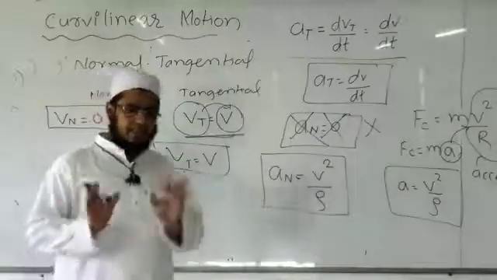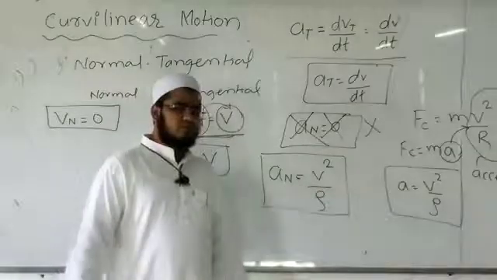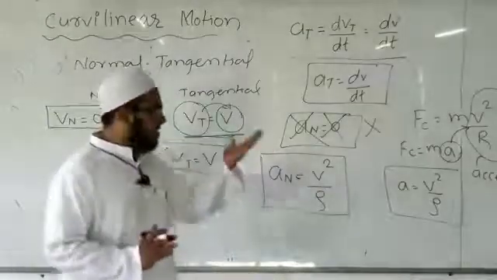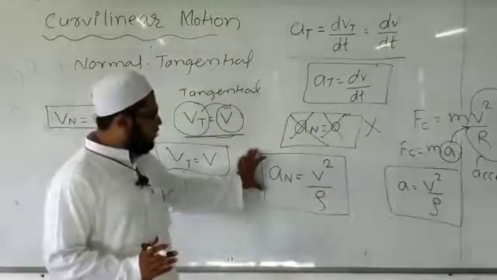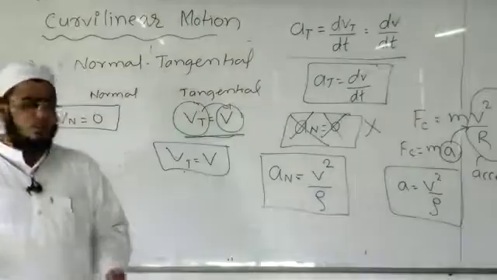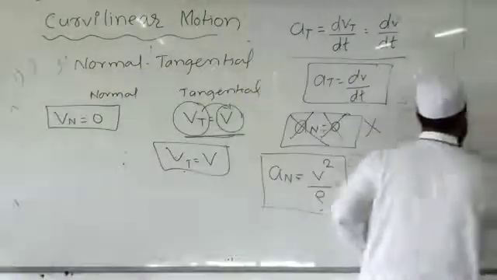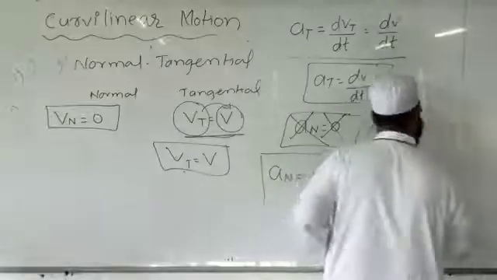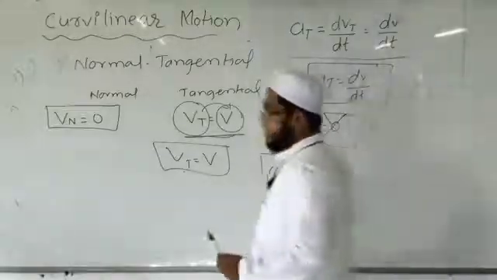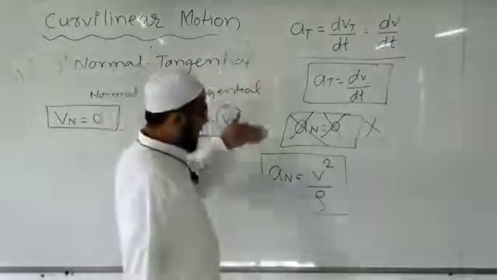Apart from this, there is a mathematical expression to obtain the value of an equal to v square by rho, but from the concept we can understand where this value comes from. So now the acceleration has two components. The first component is at, and the second component is an, and both have values.